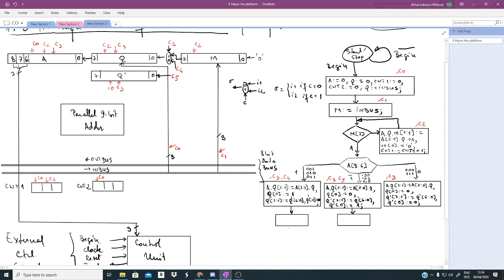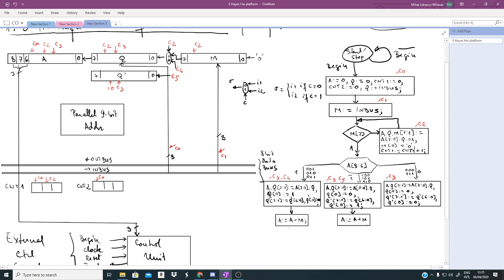So here we make this subtraction between A and M. So A would be A minus M, and here we do A plus M, right?